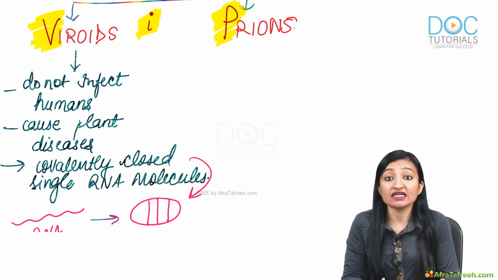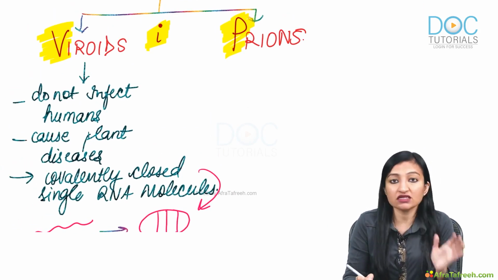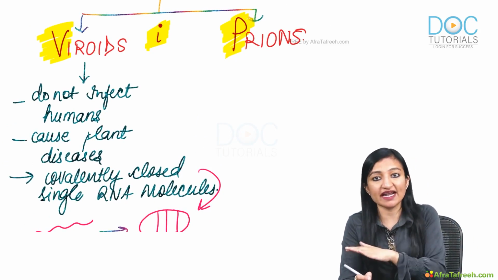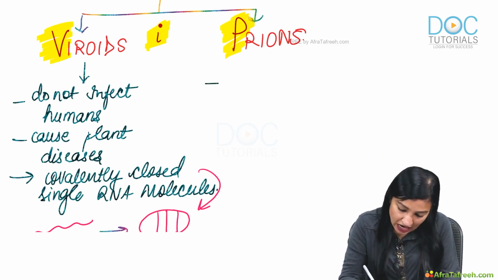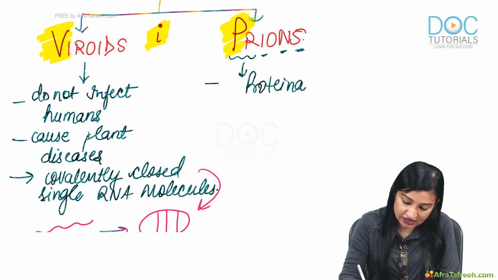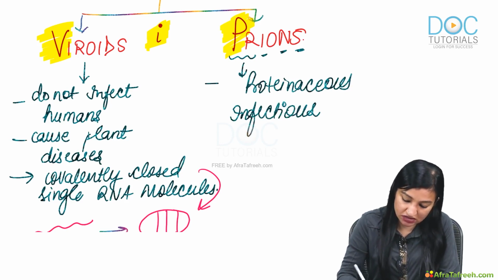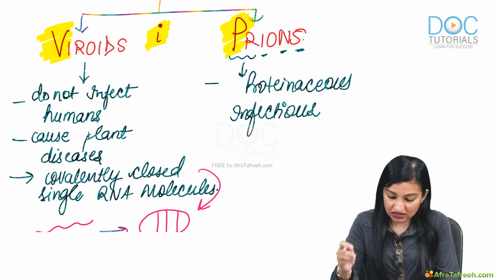Now, on the other hand, prions. Prions are at the opposite end of the spectrum if we compare them with viroids, in the sense that, remember, PR, these are proteinaceous infectious particles. They are nothing but proteins.